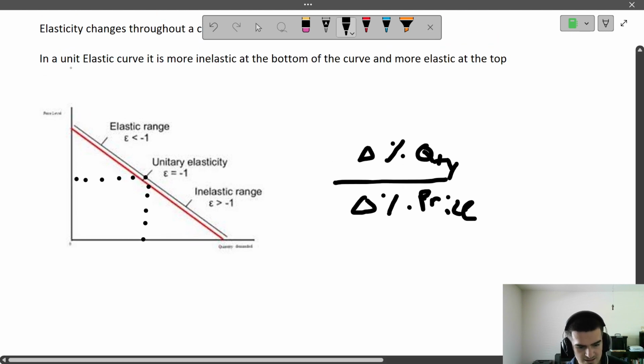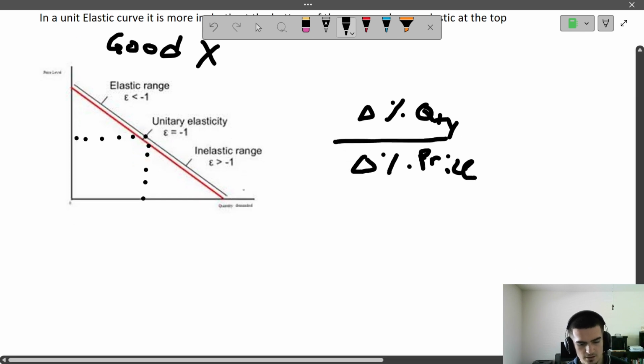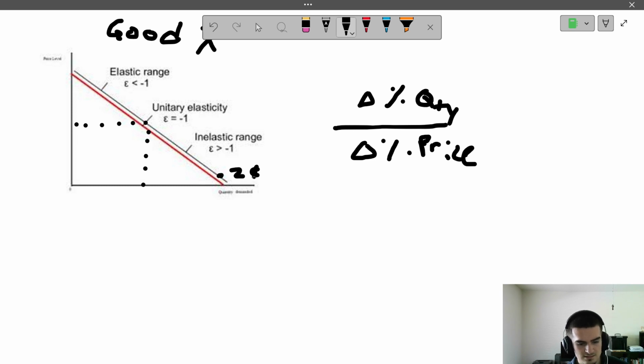So let's say this is good X, right? And here it is 2 cents, and then here it's 4 cents. Our price doubled, so that's a 100% increase in price.